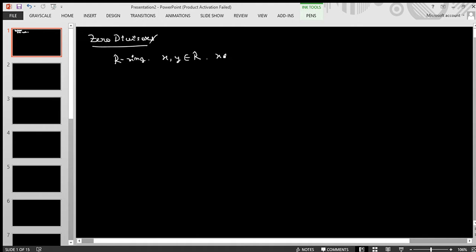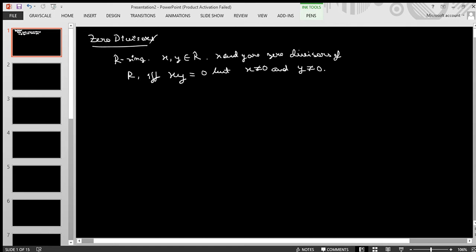So x and y are zero divisors of R if and only if, let's say, xy equals 0 but x not equal to 0 and y not equal to 0. Is it clear?